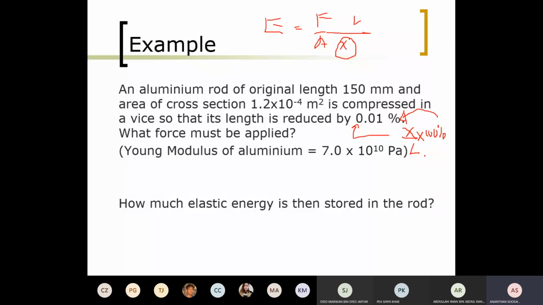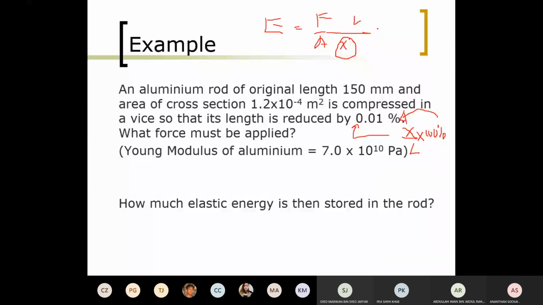So for me, I think you can find the X over L already together. X over L will be 0.01 divided by 100. Then we can place it here: we bring the L down, so it's X over L at the bottom.